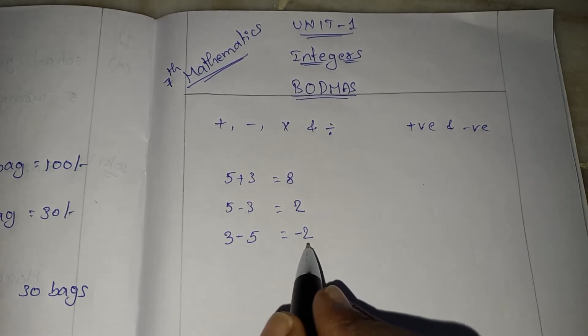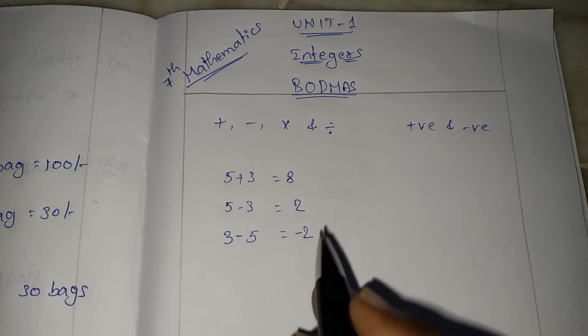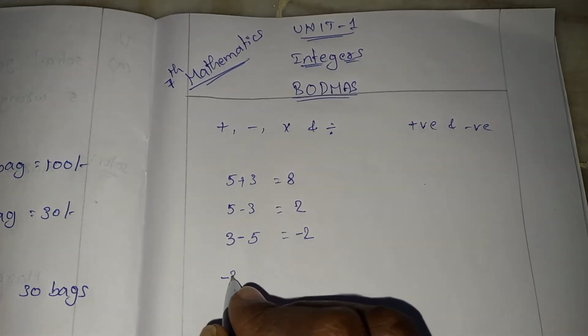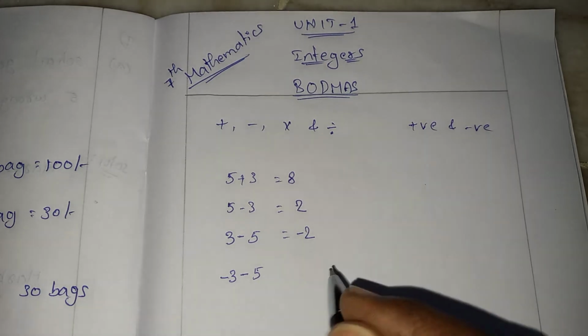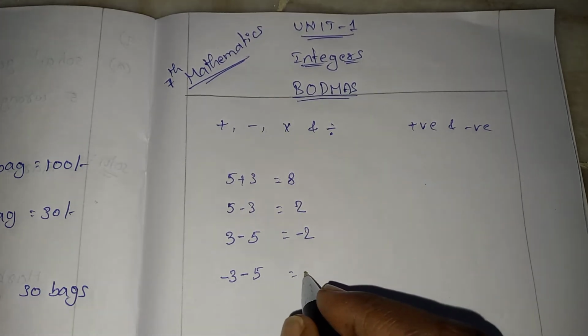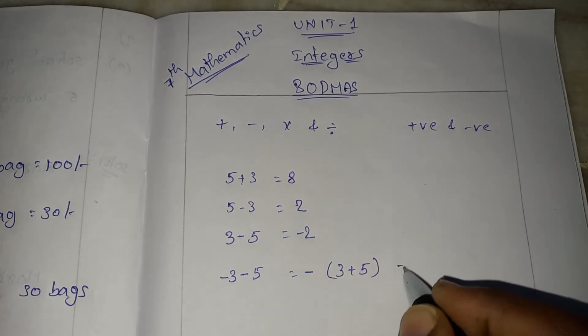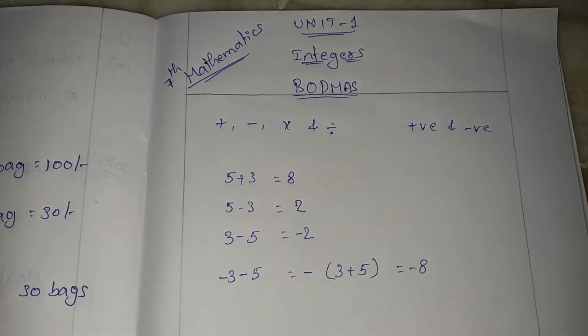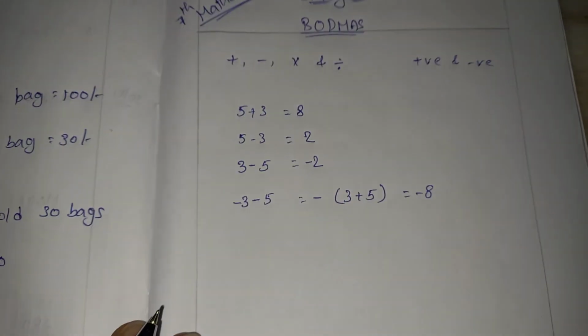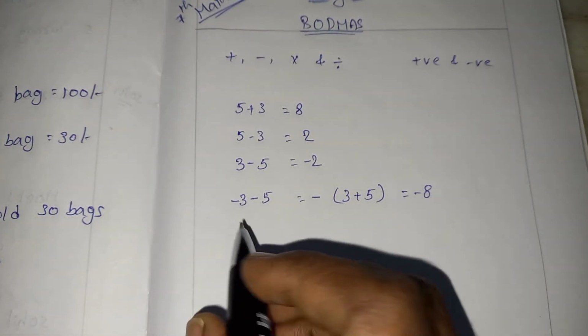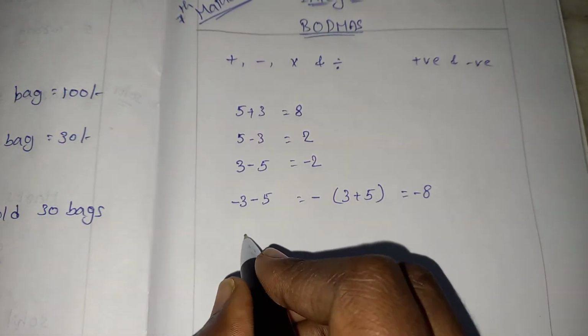That is the reason we are mentioning minus 2, right or not? For example, if we take minus 3 minus 5, what are we doing here? We are taking minus completely outside and we are going to make addition here and we are mentioning minus 8. Correct or not?